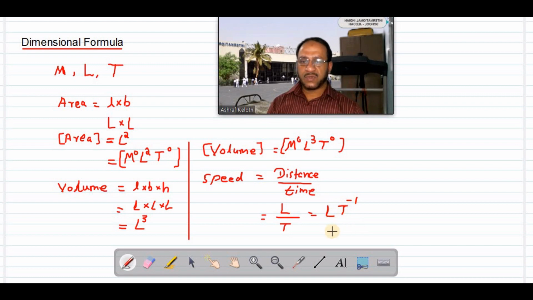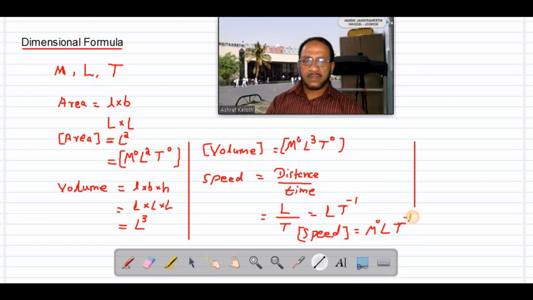There is no mass in this one. So the dimensional formula of speed can be written as M raised to 0, L T raised to minus 1.